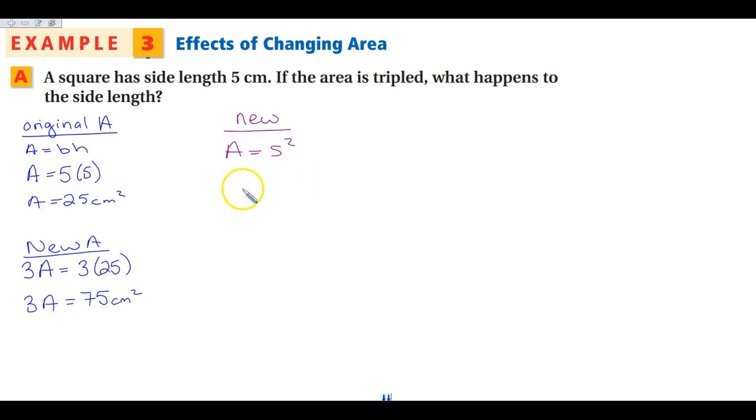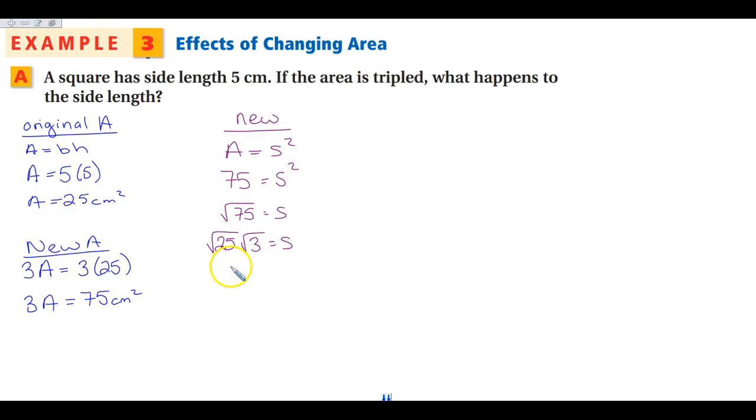My area for my new figure is 75. I want to know what happens to my side. So I'm going to get my side length by itself and square root both sides. So the square root of 75 is going to be the side length. Now, I want to go ahead and put this in simplest radical form. So the square root of 75 is the same thing as the square root of 25 times the square root of 3.